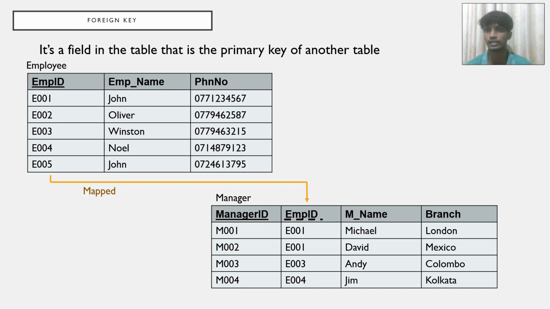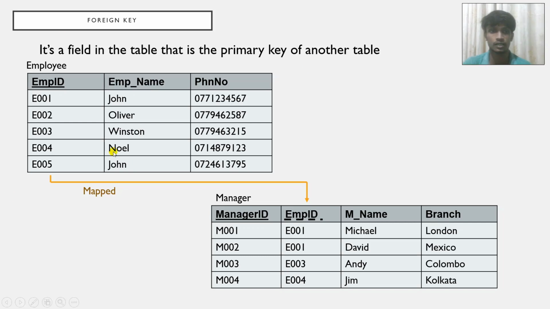That's why we call it a relational database management system. So in order to make relationships, we have to use key values in the relevant tables. So in order to make relationships, we are using the foreign key as a key attribute.